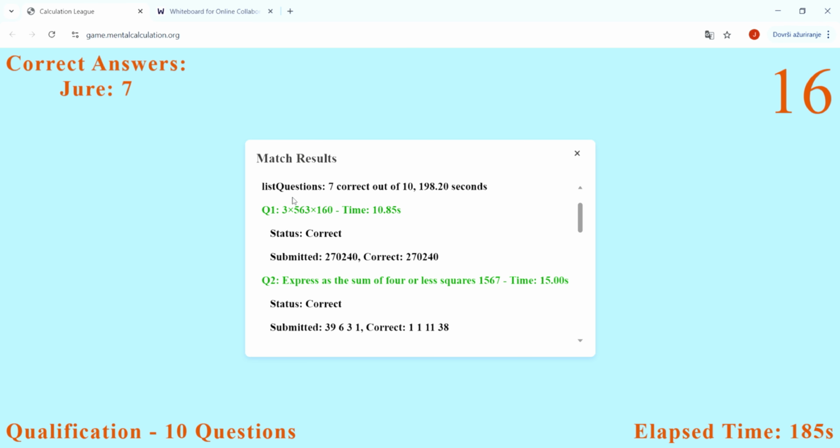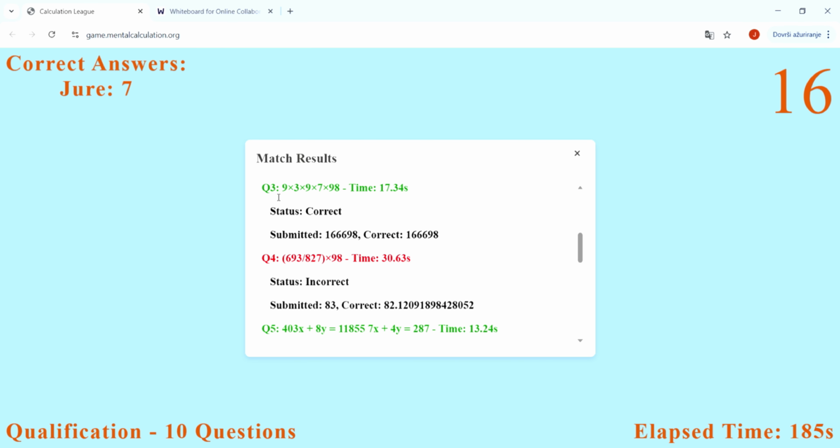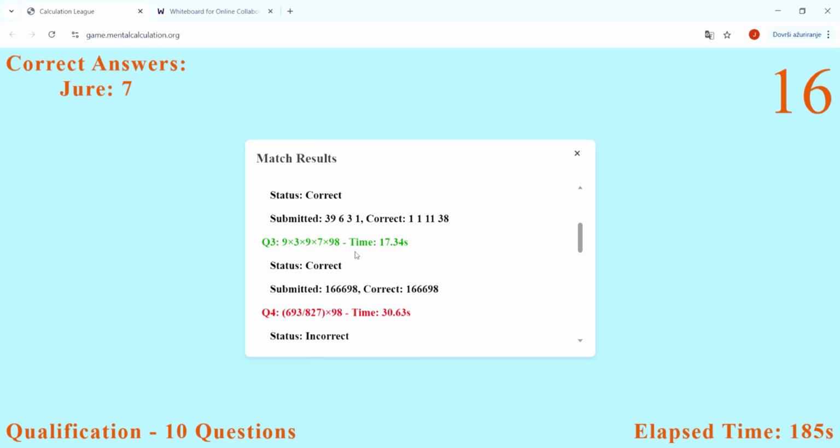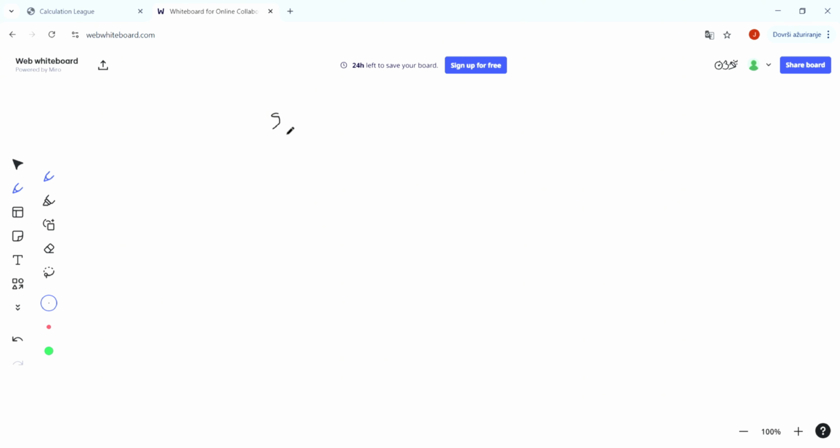So the third task was this huge multiplication: 9, 3, 9, 7, and 98.